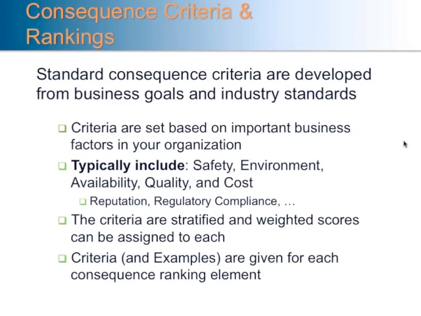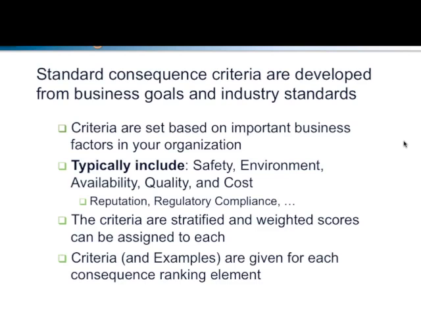We saw that in the previous slide, where we dealt with what are the most common criteria to understand the consequence of failures: impact on safety, environment, what kind of availability we have in the process, impacts on quality and cost. We see, though, that this can be quite industry specific, and in fact, in some corporations, reputation might be a really big deal.